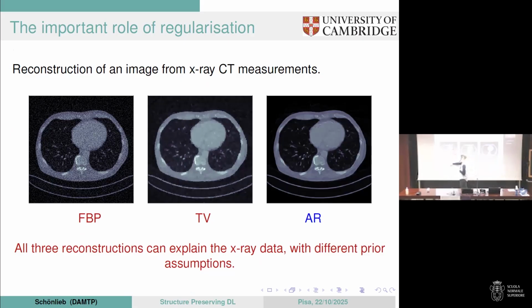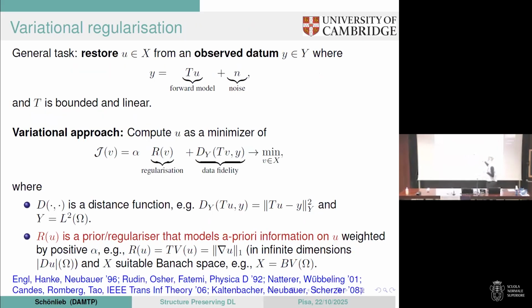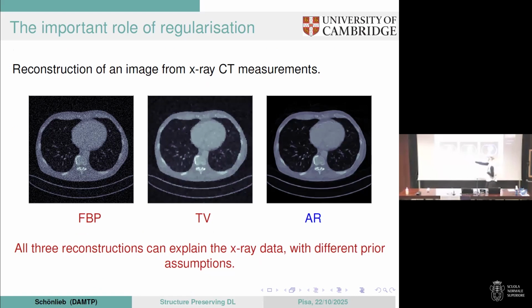It is actually not a solution of a variational regularization problem. It's a so-called direct reconstruction method, which is minimizing just the least squares fit with a minimal norm constraint. So the pseudo-inverse.